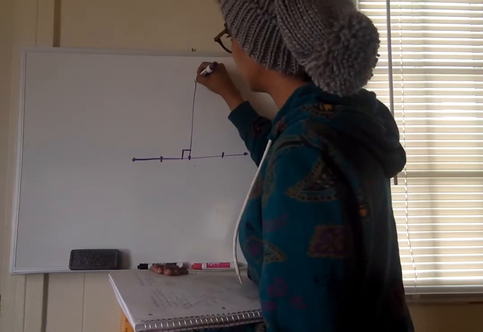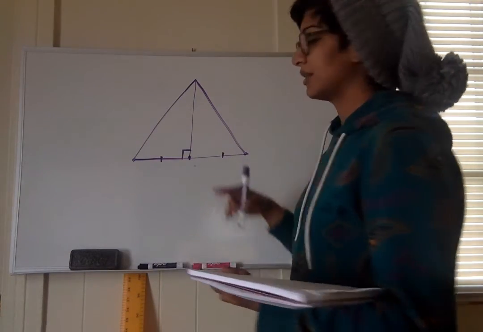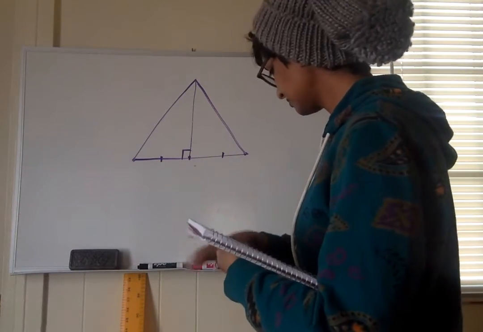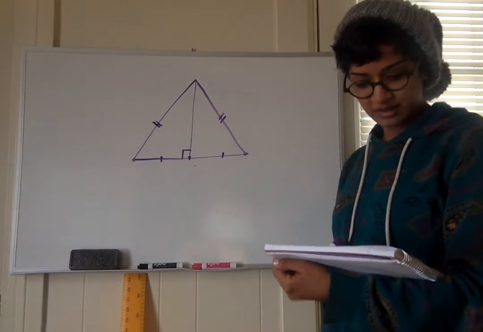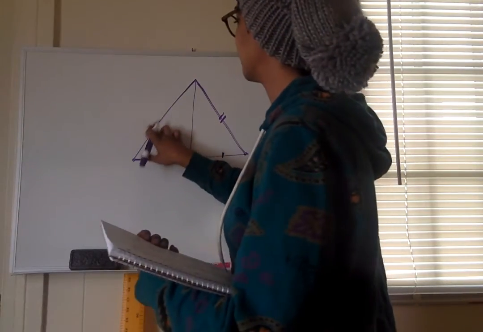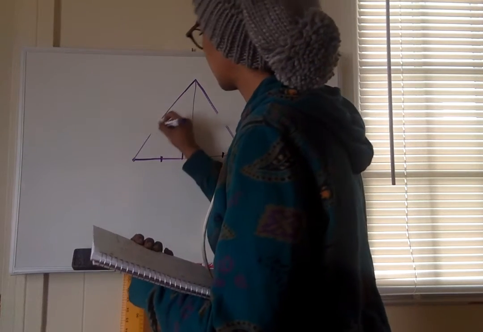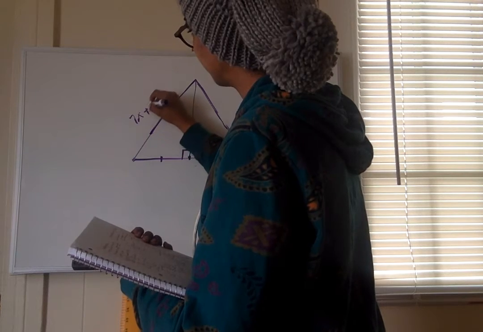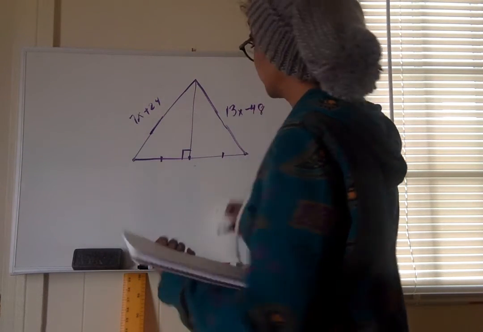So I'm just going to start up here, and I'll connect it. I'll connect this one. The theorem says if this, then this. So for you to have a little bit of help, I give you 7x plus 24 over here, and 13x minus 48 over here.